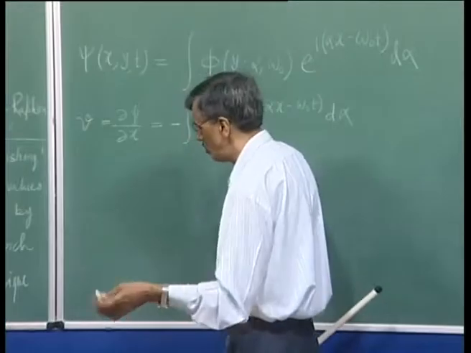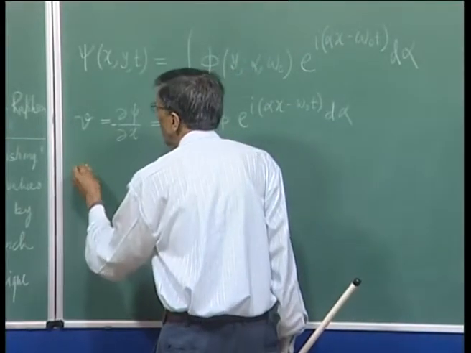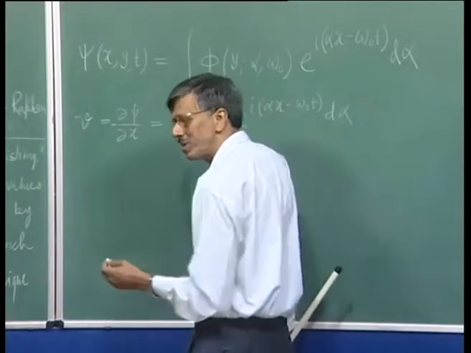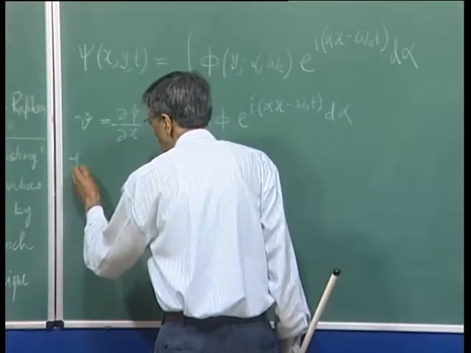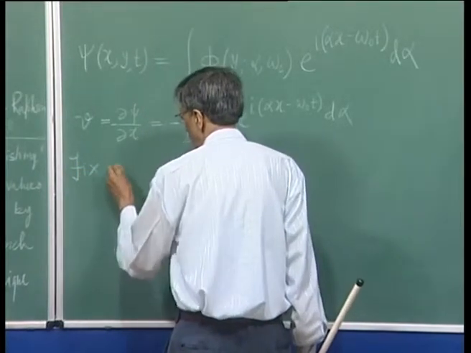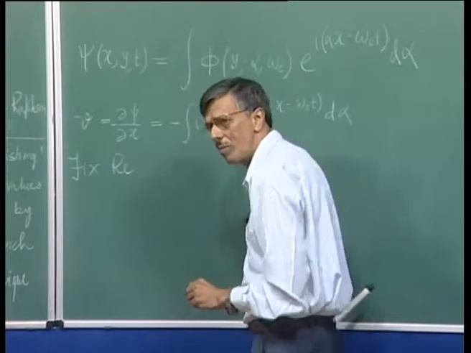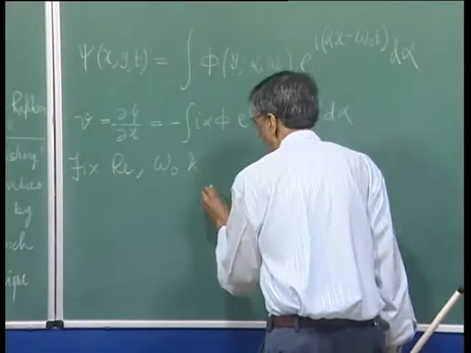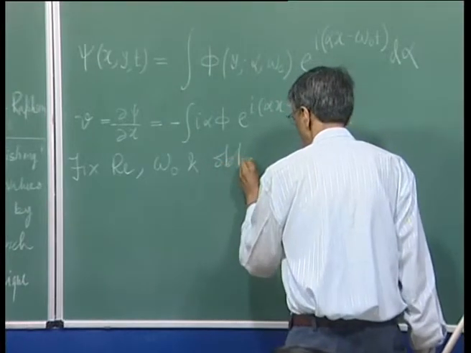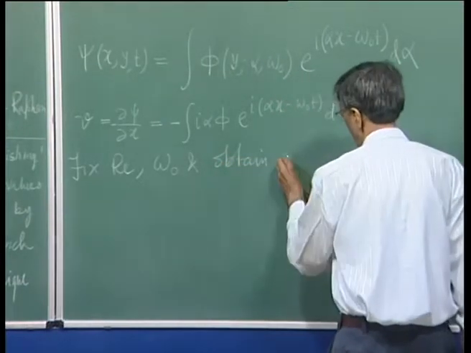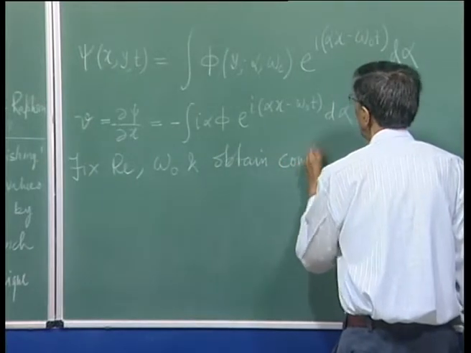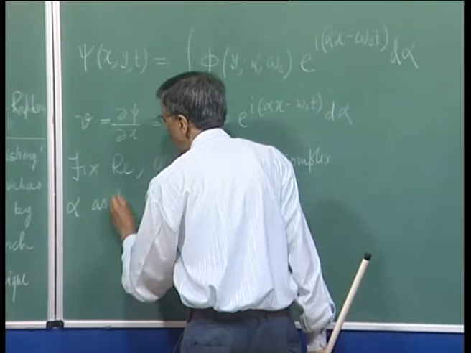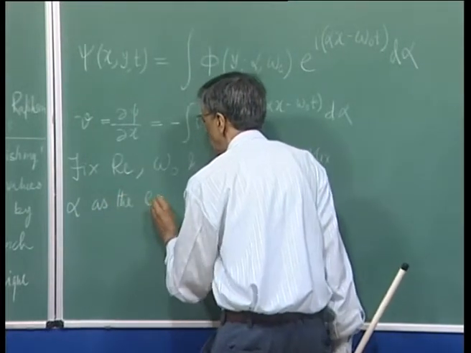First of all, we note that we are in search of eigenvalues which correspond to the spatial instability problem. So, we fix Re, the Reynolds number, and omega naught, and obtain complex alpha as the eigenvalue.